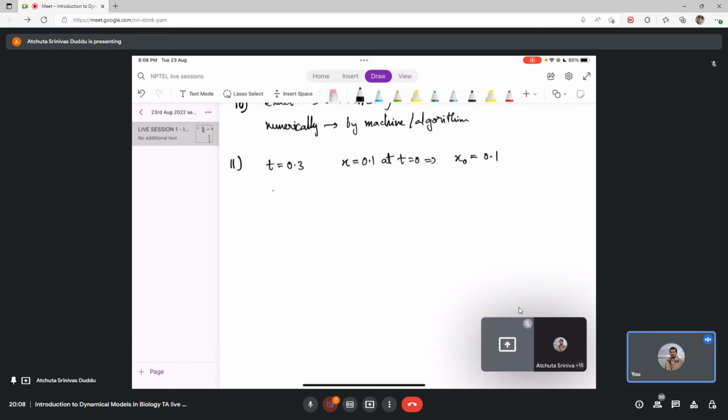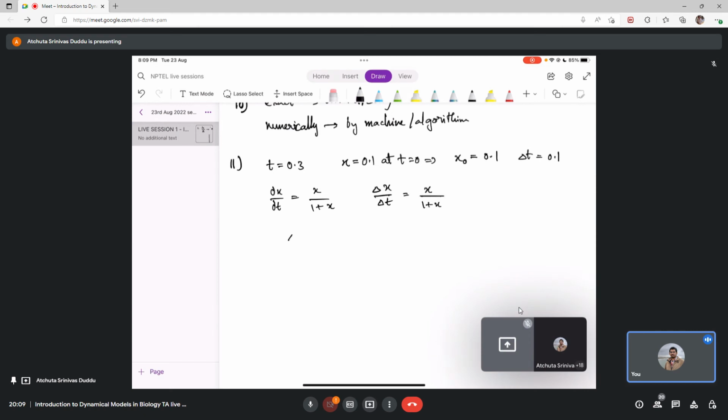So the equation we have is dx by dt equal to x by 1 plus x, right? So dx by dt we write as delta x by delta t, and delta t they have mentioned we'll be using as 0.1, so we have this equals x by 1 plus x.